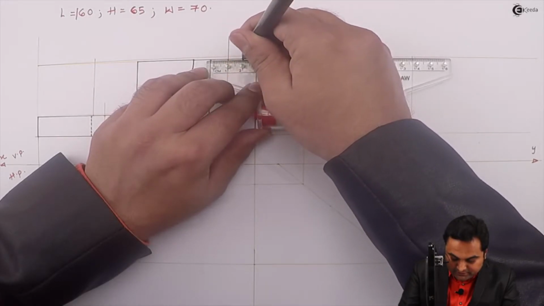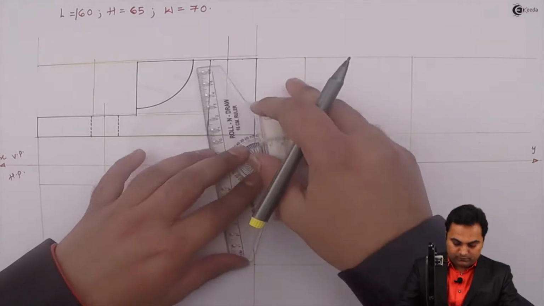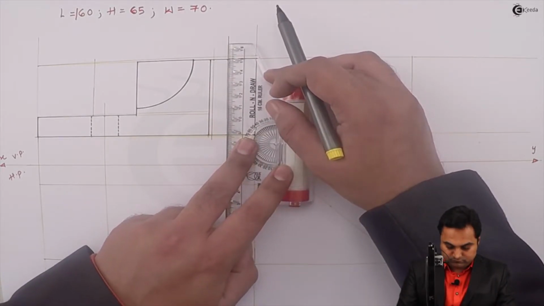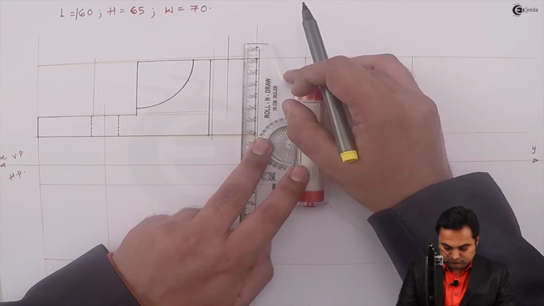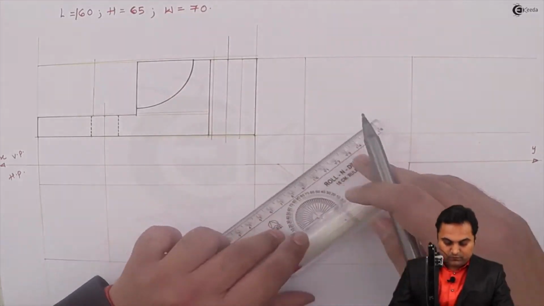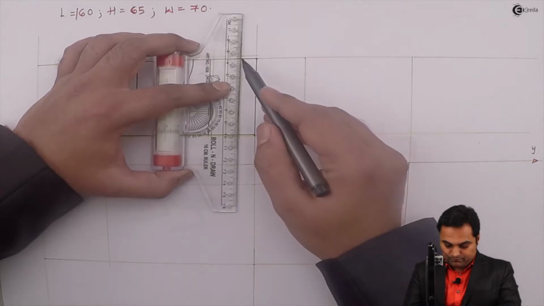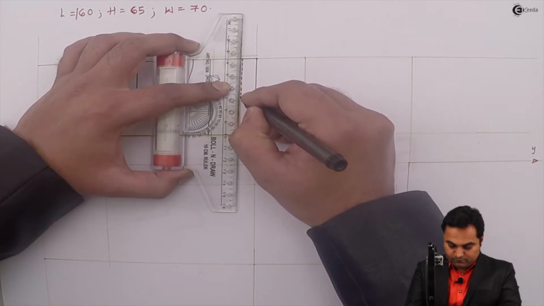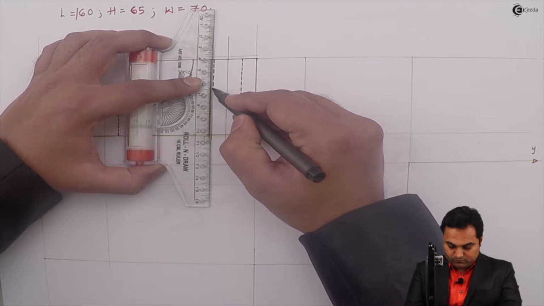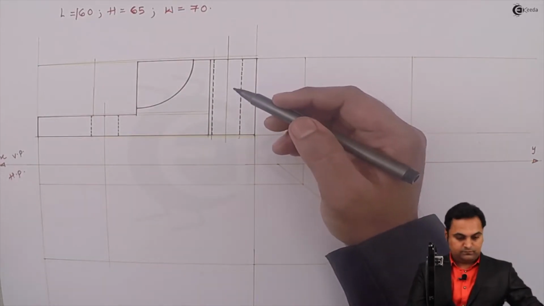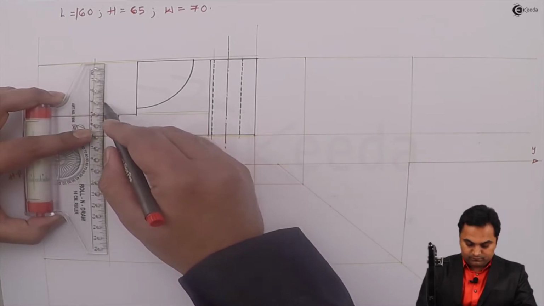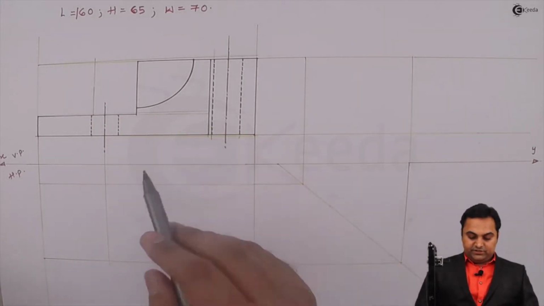So measuring 10 mm and 10 mm on both sides. So these are the centers for the holes.